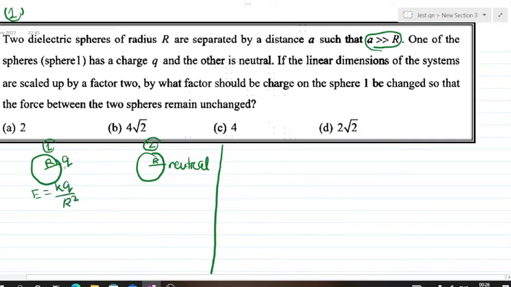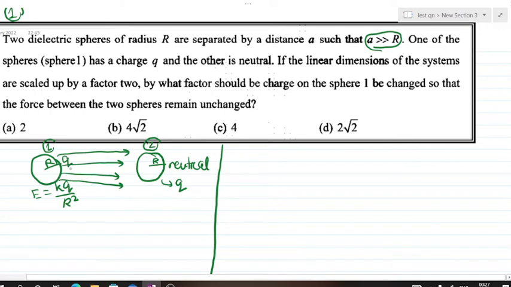Due to this electric field, the flux lines come like this, so the neutral sphere gets polarized. Due to polarization, a charge q will be induced on its surface.